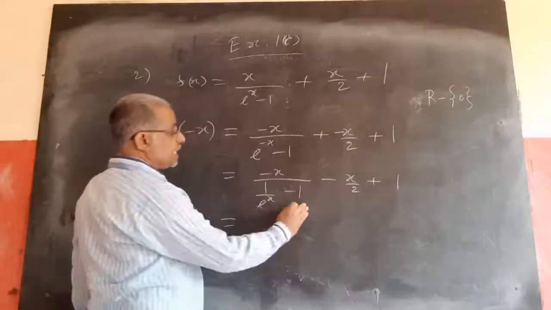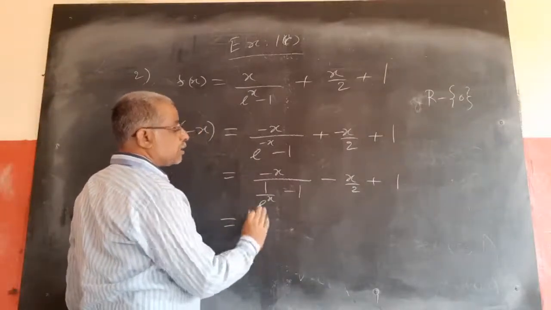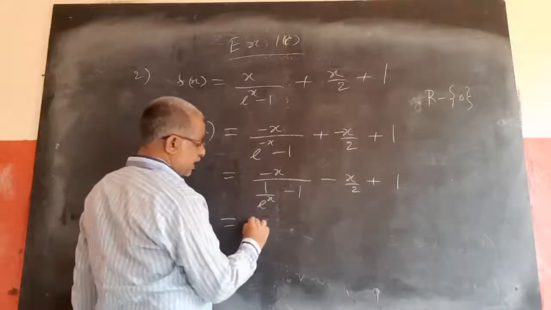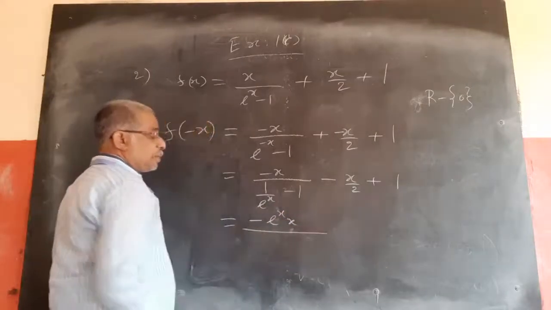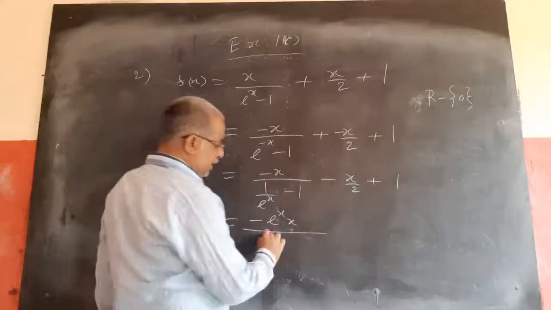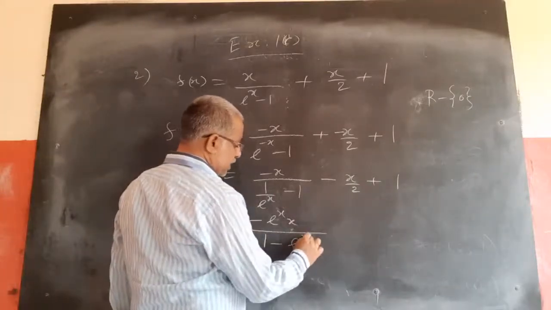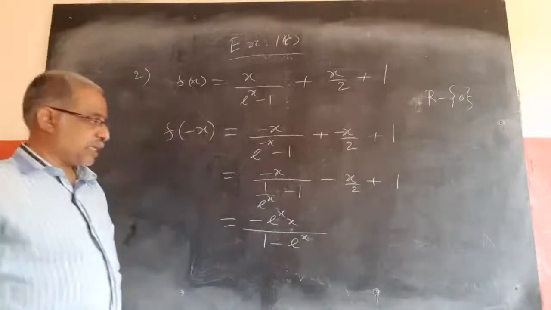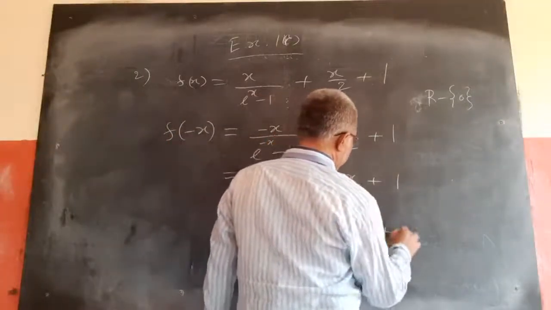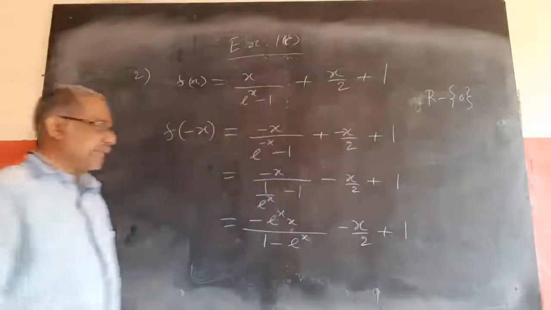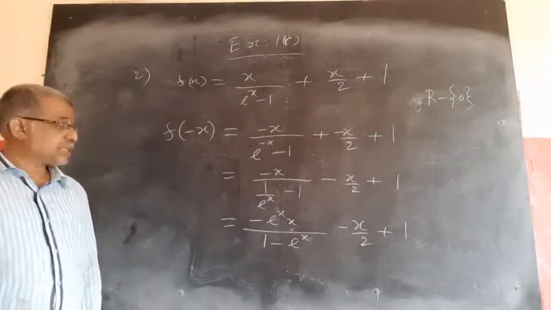Now if I take LCM, e power x goes to the numerator: minus e power x into x by 1 minus e power x, minus x by 2 plus 1 as it is.